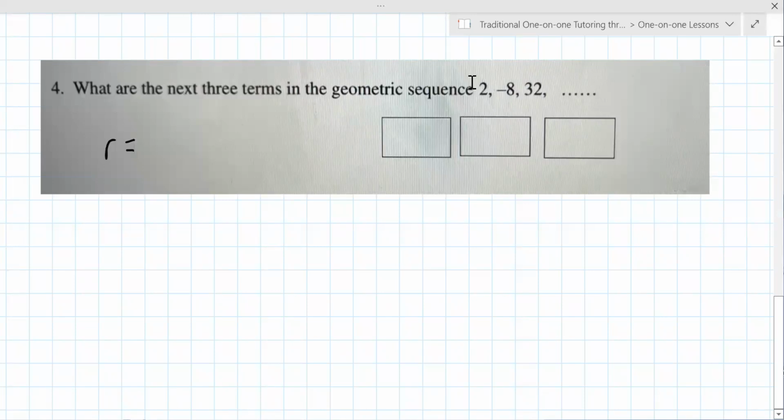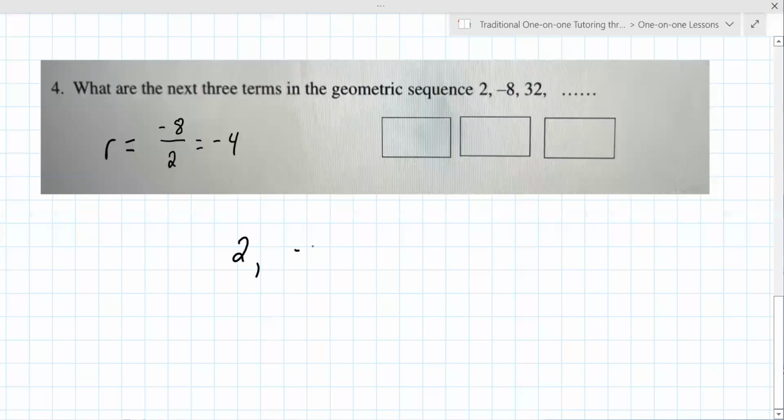Yeah, so sometimes I'm going to ask you to jump in and it's unexpected, but I think that's a great part of this format. So just let me know when you've got a value for that. So 8 divided by 2 is -4. Yes.